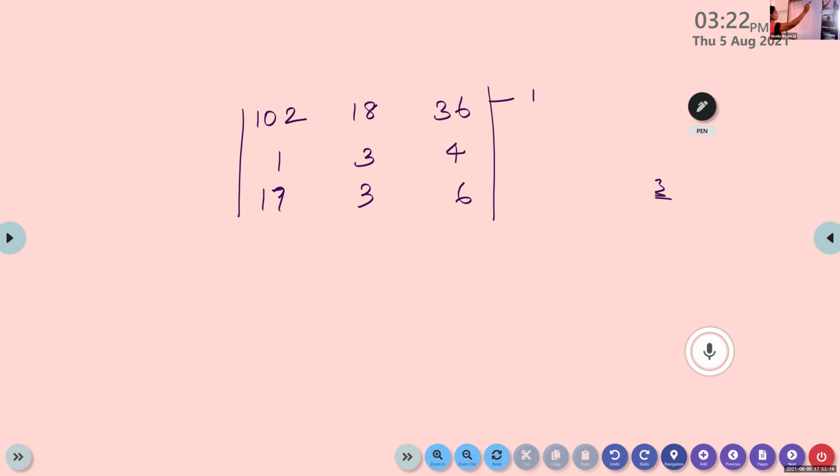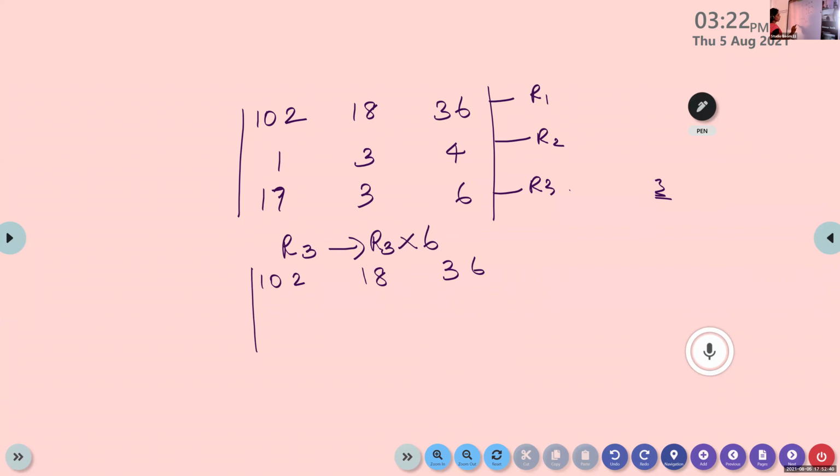So this is R1, R2, R3. Suppose R3 gets R3 into 6. What you will get when you multiply the third row by 6? First row, no change: 102, 18, 36. Second row, no change.